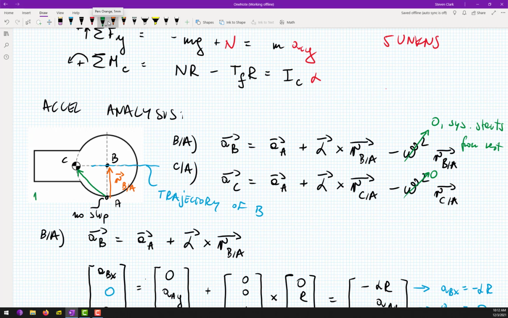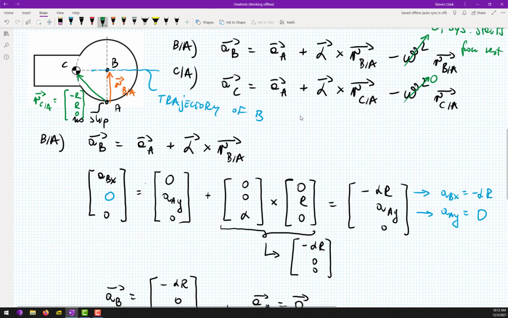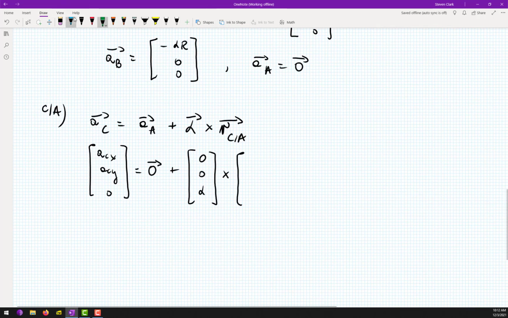I hope that all of you see that this will be minus R, R, 0. So let's plug this quantity in here.